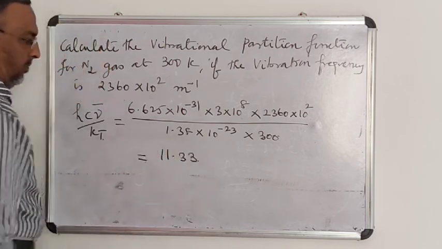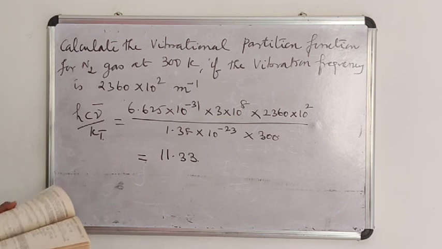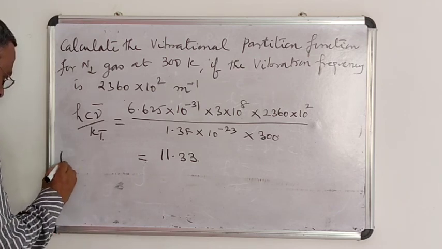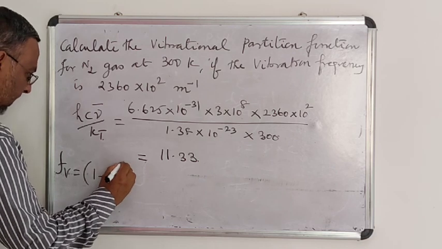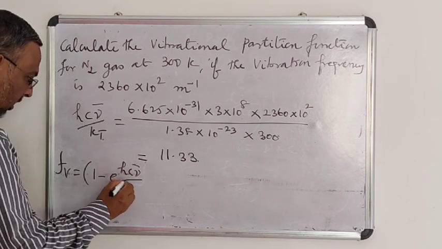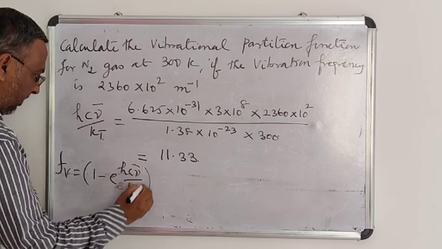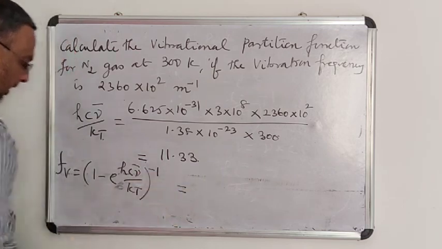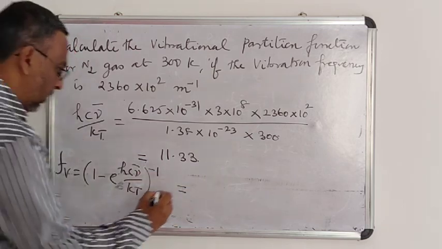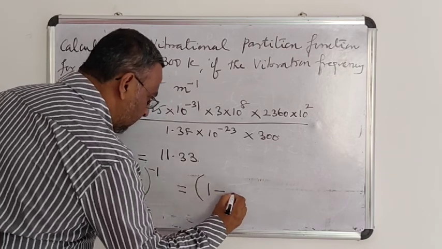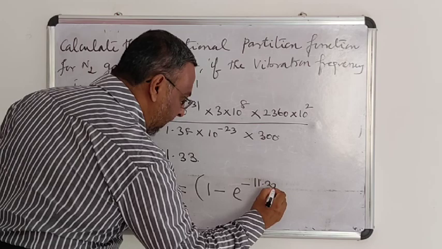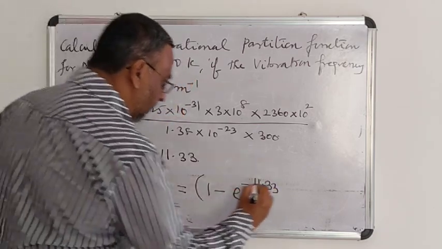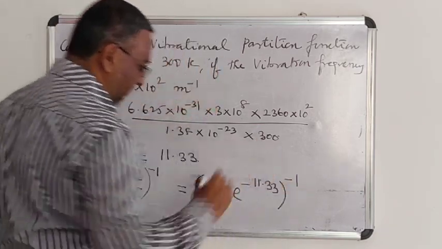This value comes to around 11.33. Now I substitute this value: the partition function will be equal to (1 minus e power minus h c nu bar divided by kT) power minus 1. Substituting, 1 minus e power minus 11.33, whole power minus 1.